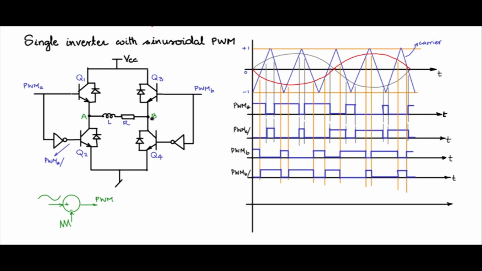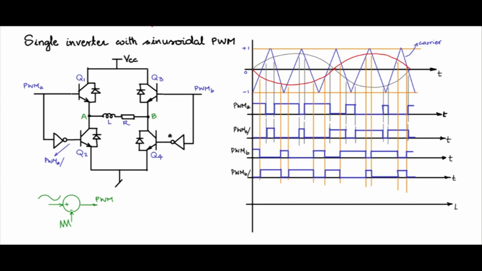Likewise, potential at B with respect to ground will swing from VCC to 0. It will be like PWM B, only the amplitude will be VCC. So the difference between PWM A scaled with VCC and PWM B scaled with VCC, the difference between those two waveforms should give you the voltage waveform VAB.